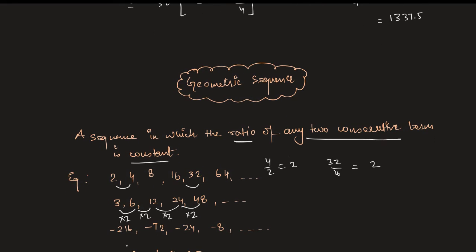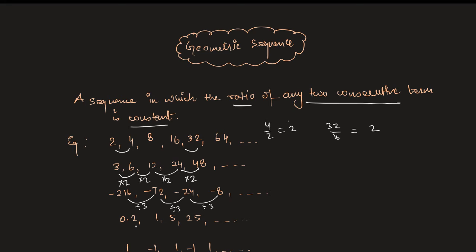Similarly over here, this is divided by 3. Negative 216 divided by 3 is negative 72. Negative 72 divided by 3 is negative 24. Negative 24 divided by 3 is negative 8, and so on. So if you see, the ratio is the same.